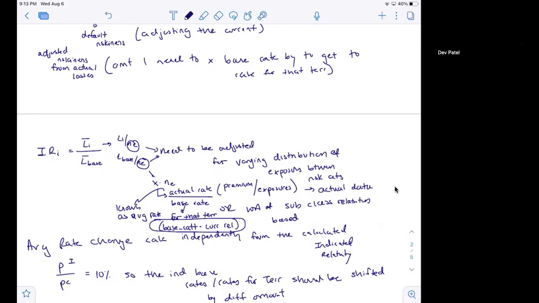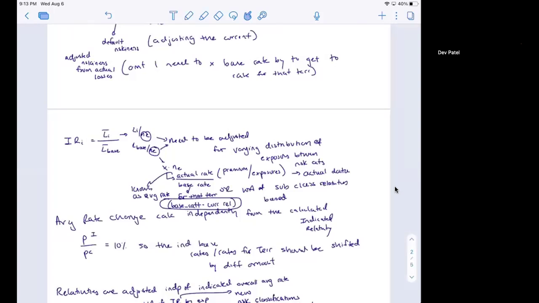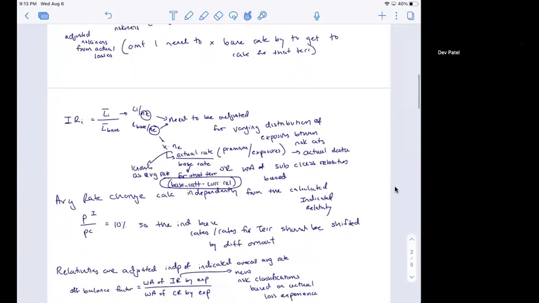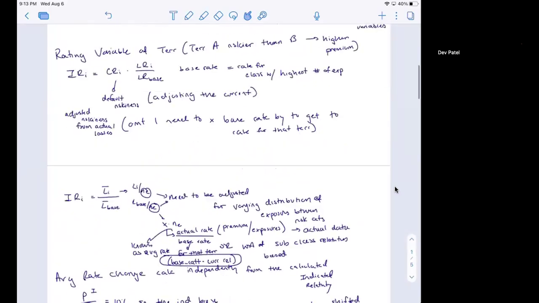The average rate is the actual premium per exposure, and the base rate is what is given to us. That is the adjustment that is made to the exposures, and when we multiply that by the number of exposures, that is our adjusted exposures. That's our denominator for the loss, and then we can get the indicated relativity after that.